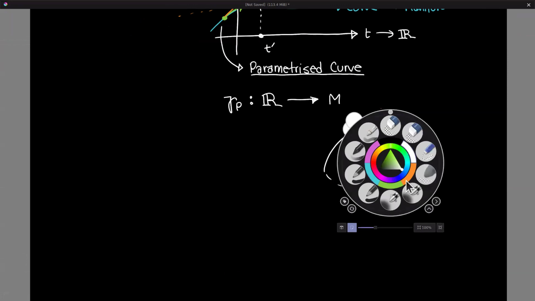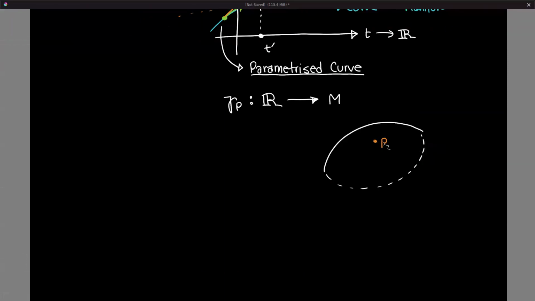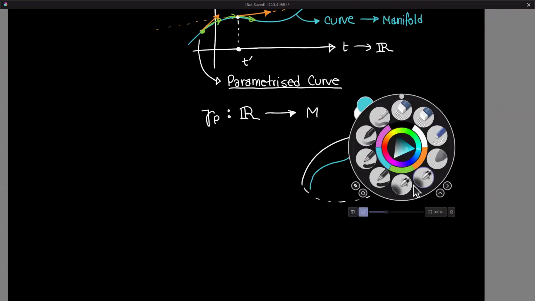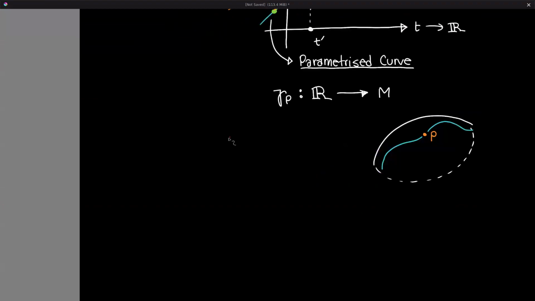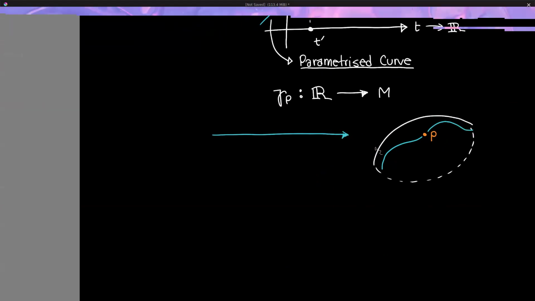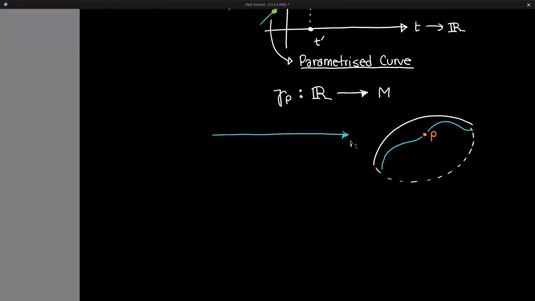And we have this point on it, P. And we have a curve where P is a point on that curve. We could think of this curve as a piece of thread. If we think of it as a piece of thread, let's straighten that piece of thread out. And that's our copy of R.